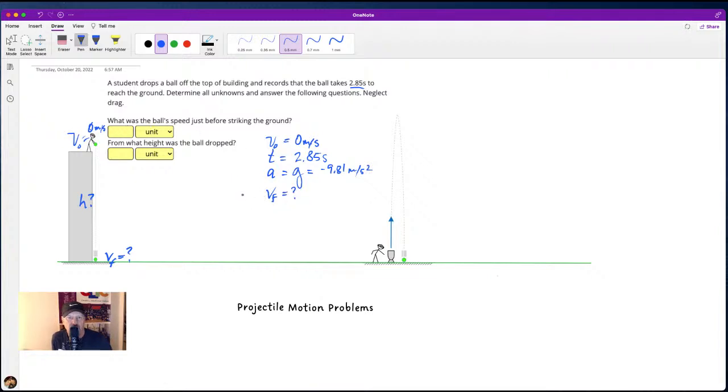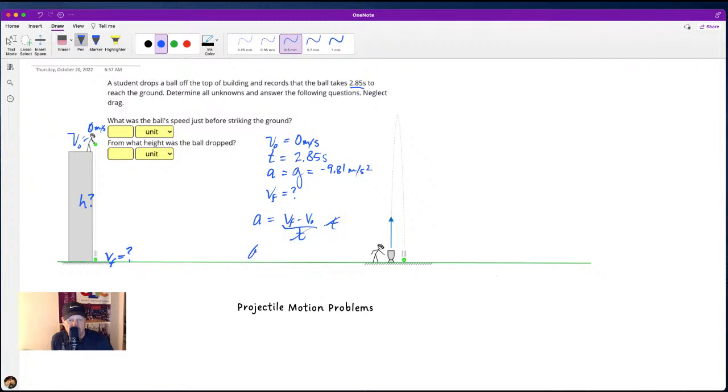What was the ball speed just before hitting the ground? Well, V initial, time, A, and V final come from the equation: acceleration A is V final minus V initial over T. We're solving for V final, so we'll rearrange: multiply both sides by T, this cancels with this.